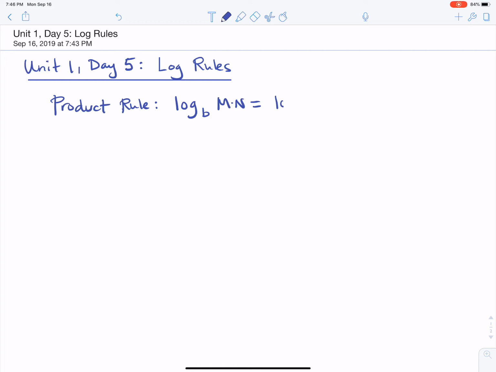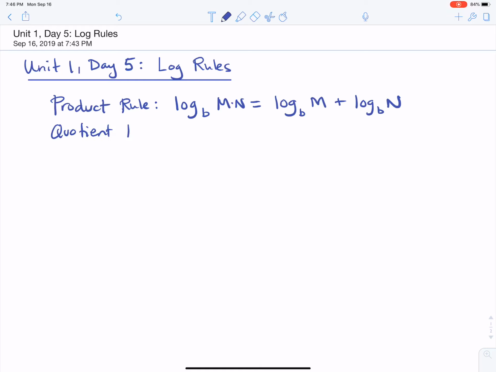It says that you can take that product and break it up into 2 separate logarithms. Okay, and these rules work both ways. So it also means if you have log base b of m plus log base b of n, you can put them together into a product. So they go both ways.